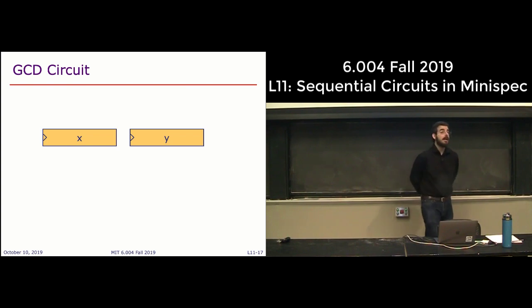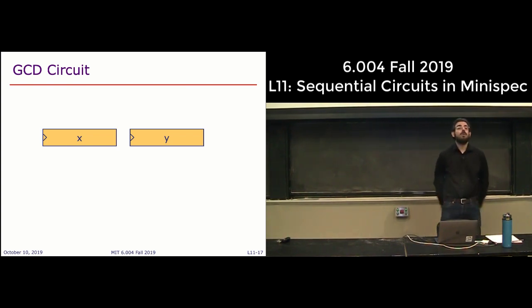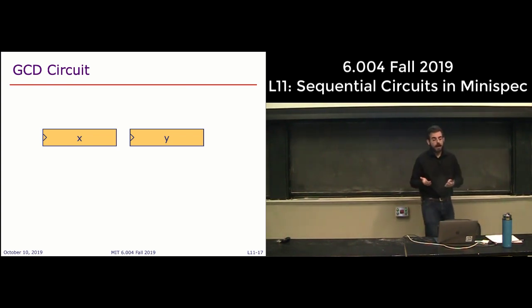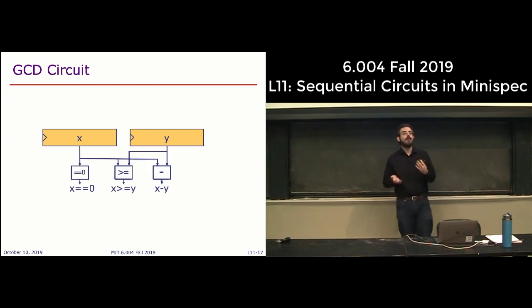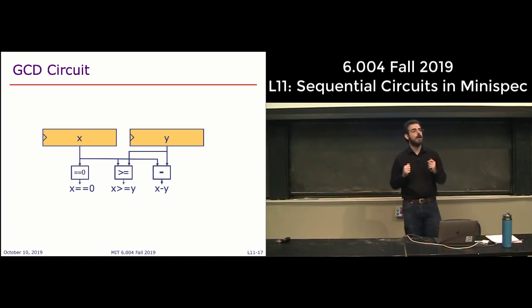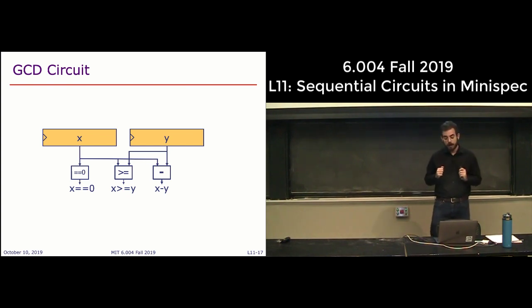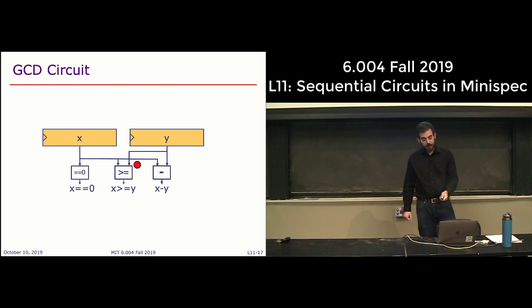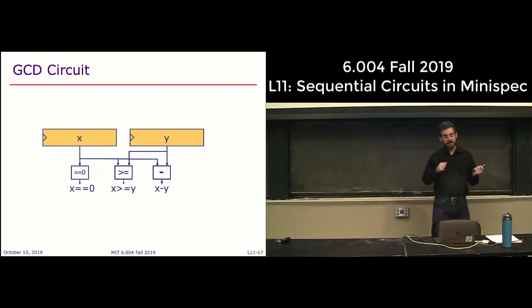Now the next thing is, on each cycle, what do I need to compute from x and y? And if you go to the code, you'll see that you need to compute a few things, right? First of all, you need to figure out, is x equal to 0, right? So you can have a comparator with 0 here that will give you a 1-bit output saying, is x 0, right? And that's to figure out whether you're done or not, for example. Then, if you are not done, you need to figure out, is x greater or equal than y, right?